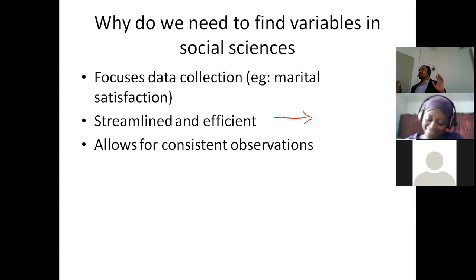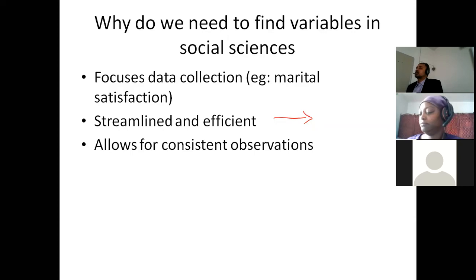So we recognize that all of them are variables for distraction, but we can't do all of them. Right? So you may have 2 researchers recording a couple of that information, and they may have different variables, but still, their own definition of what is distracted behavior and their own variables allow them to focus and streamline the data, and it makes their research more efficient.